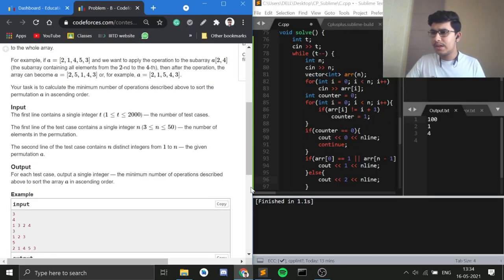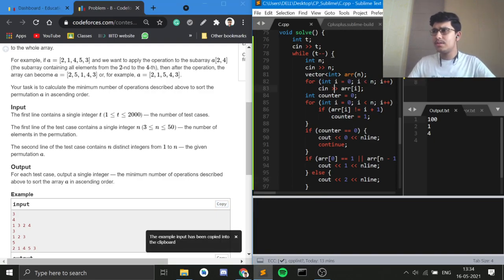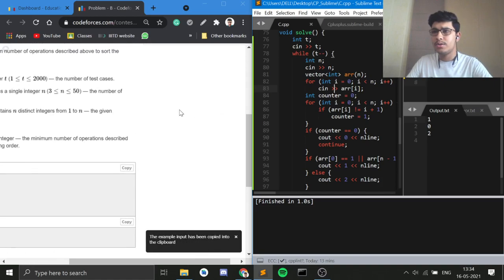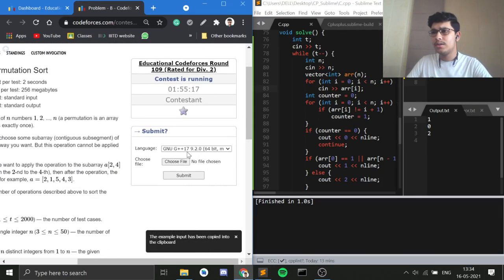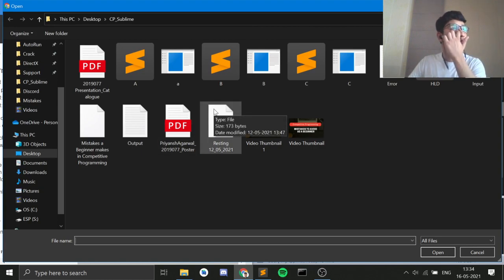Okay, let's see. I hope this works, because at max you need two steps. After two steps, it is always possible to just sort it. And can there be any other situation when there is only one step required?